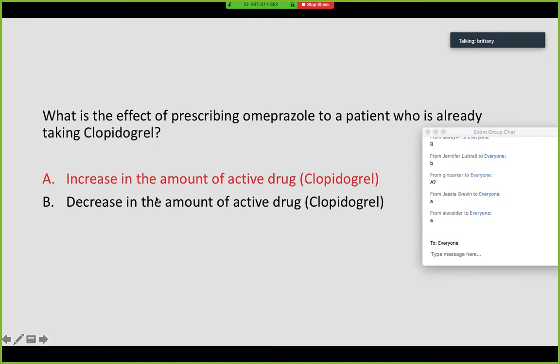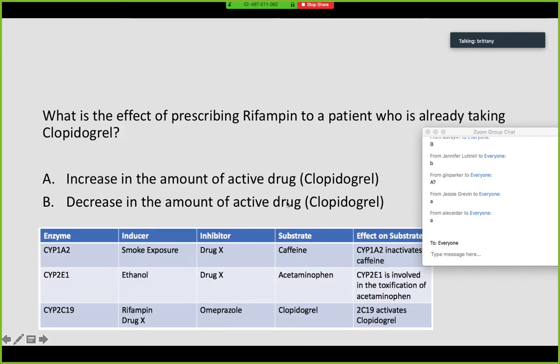So yeah, you guys are correct, an increase in the amount of active drug. So be sure that you can look at a chart like this and then answer your question. You don't need to memorize anything, like she will give you all of the information in a chart. You just need to be able to interpret it. I guess that's the best way to put it. Be able to interpret a chart like this.